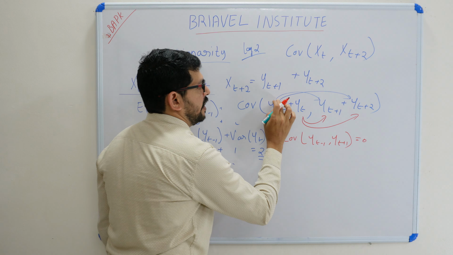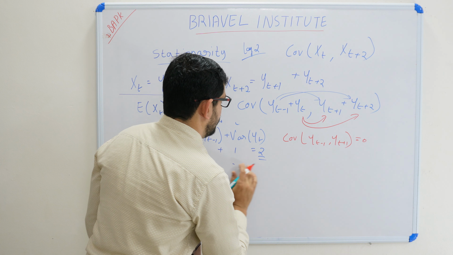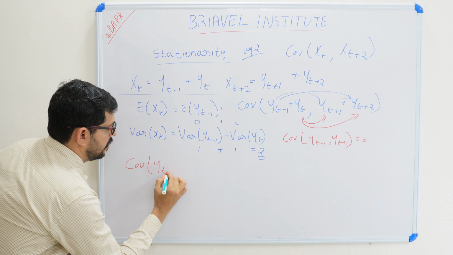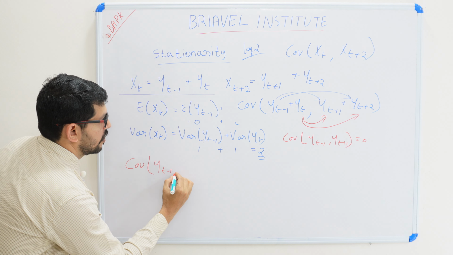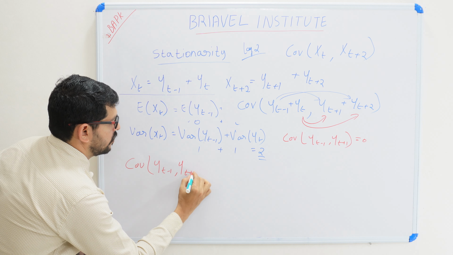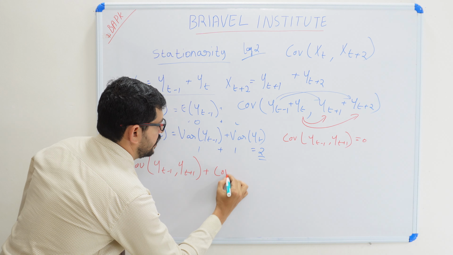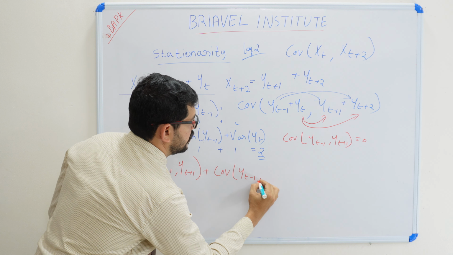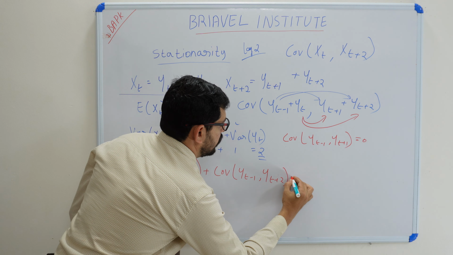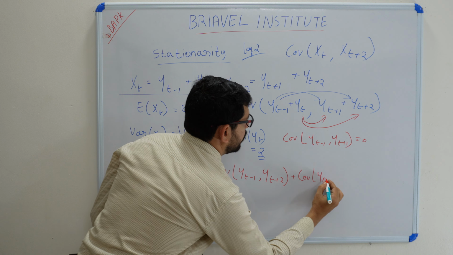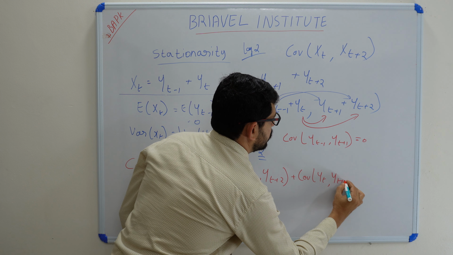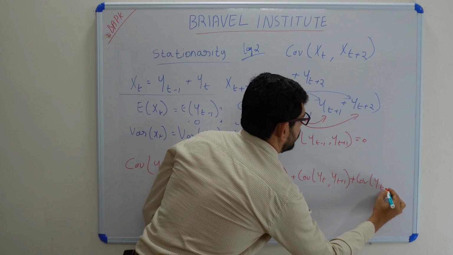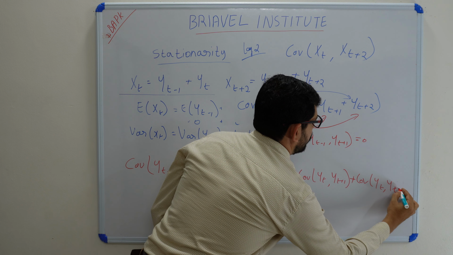So if you compare the yt minus 1 and this one, we can write covariance of yt minus 1 and yt plus 1 plus covariance of yt minus 1 with the yt plus 2 plus covariance of yt comma yt plus 1 plus covariance of yt comma yt plus 2.